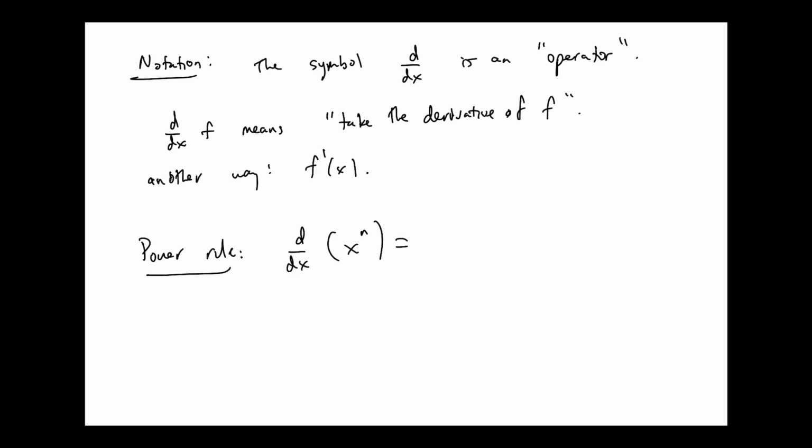What was the trick we figured out last time? Yep, so it's n times x to the n minus 1. And that works provided that n is a number, but it doesn't have to be an integer. It doesn't have to be a whole number.